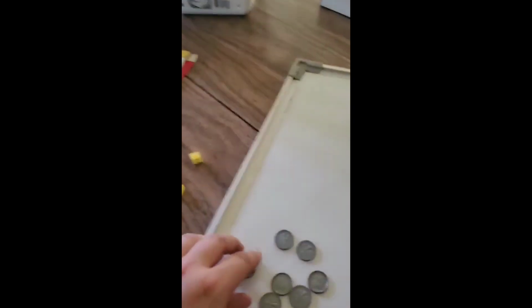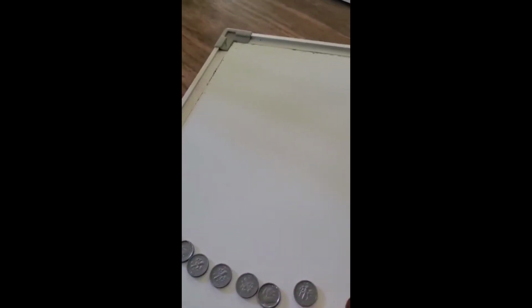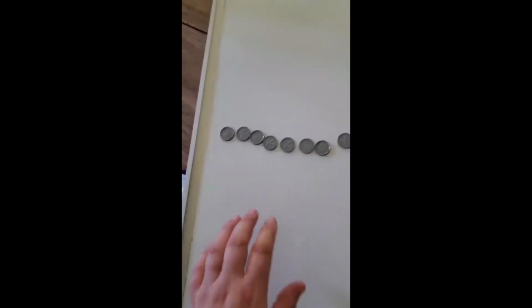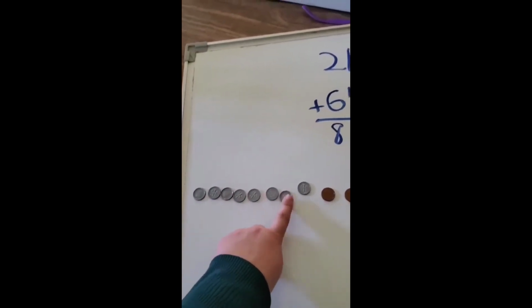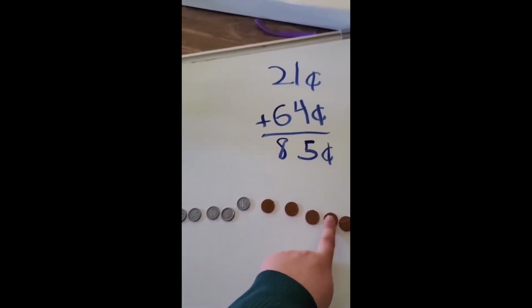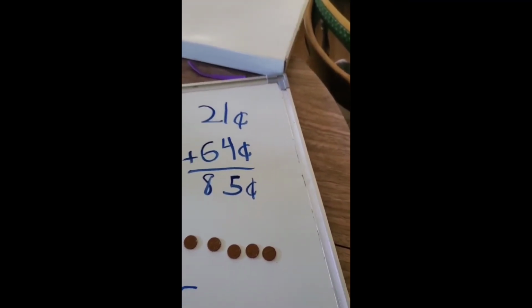Get them all in a line. Get them ready to go. Let's see if we have 85 cents. All right, let's count them. 10, 20, 30, 40, 50, 60, 70, 80, 81, 82, 83, 84, 85. 85. Yay! We got it.